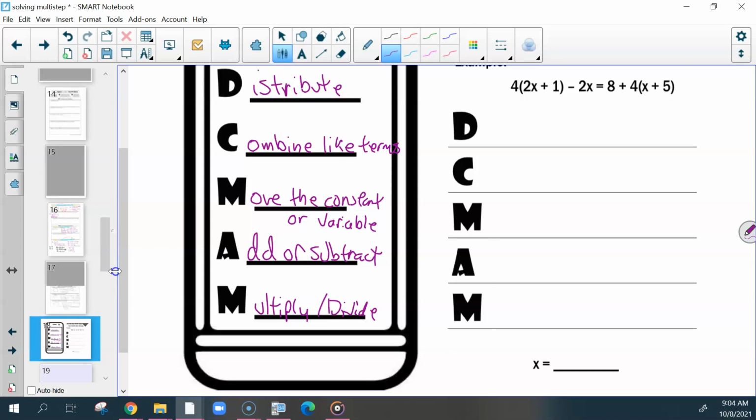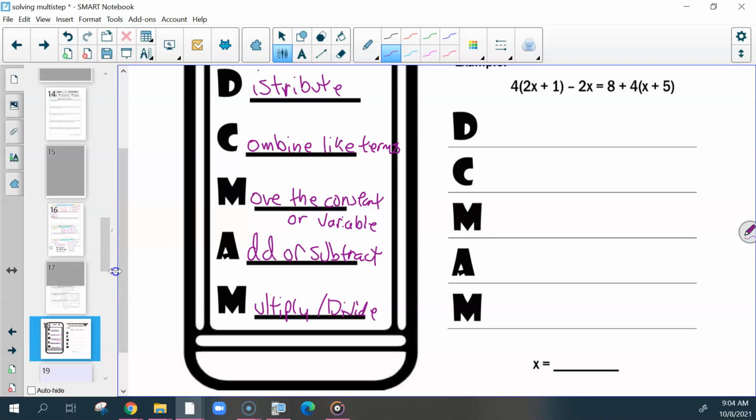Move the constant or variable. So we're going to do this one, and then we're going to solve it a couple different ways to show you how this works. First, for this example, we have parentheses.